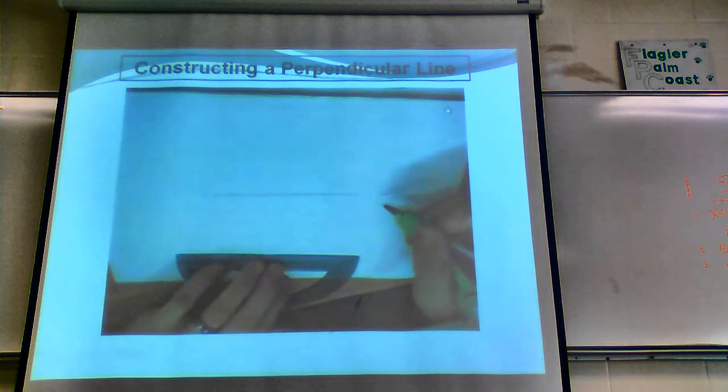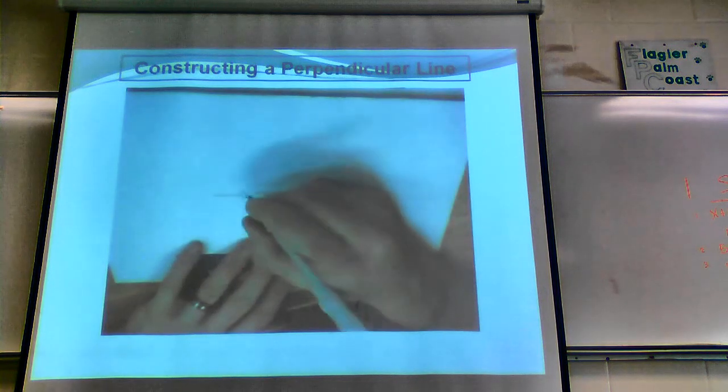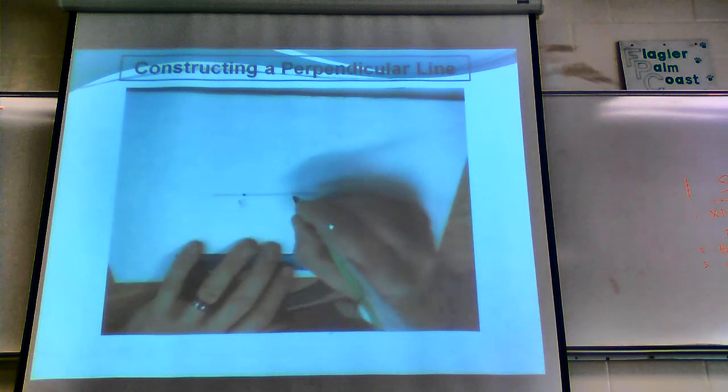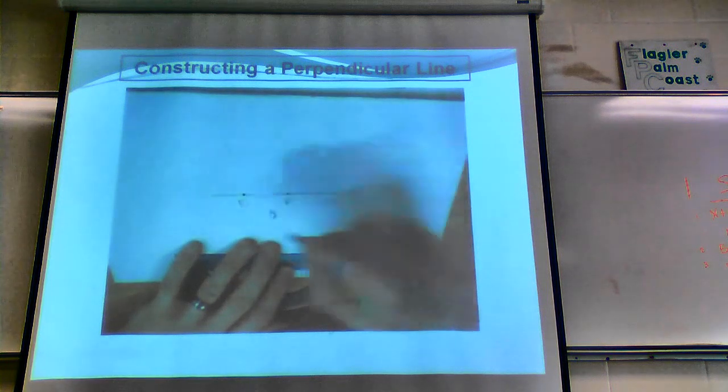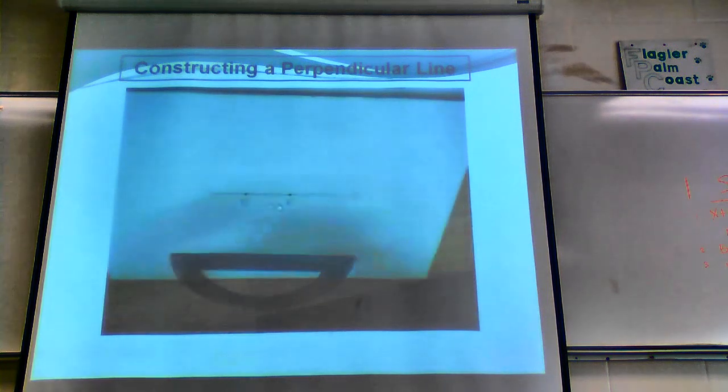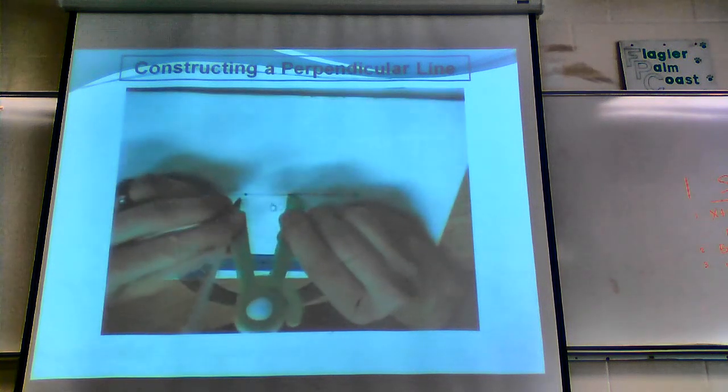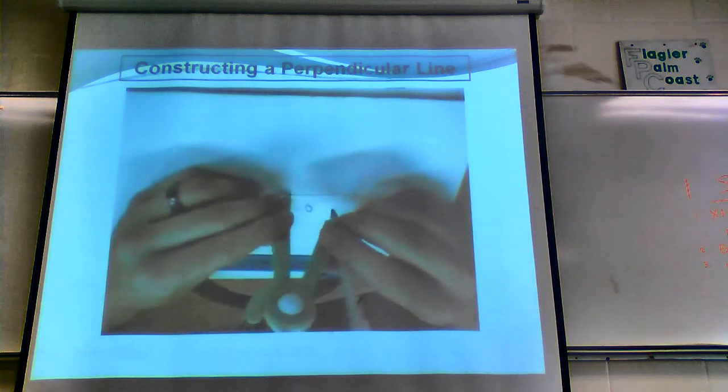Okay, so this one here looks like this. If I had it, what I would do is I would give you a line. Okay, and then I would say, draw me a line that's perpendicular to it, or construct one. All right, and the way I would expect you to do it is, I would expect you to put 2 points on the line. Then you use your compass to measure from one point to the other. All right.